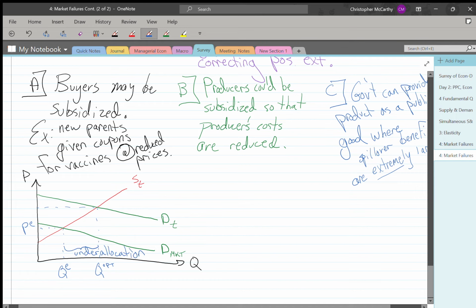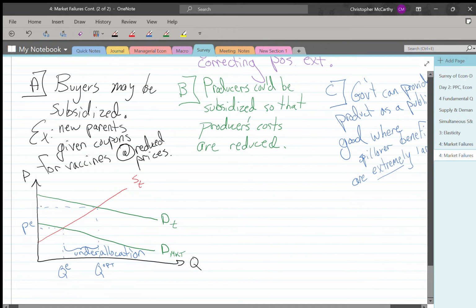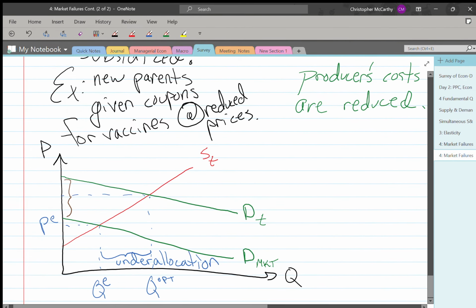So, correcting this via a subsidy to the buyers is literally just the same thing as the Pigouvian tax, just backwards, just as it relates to demand. So we take that difference, whatever this difference is, between the socially optimal demand curve and the market demand curve, that's going to be called our positive externality.